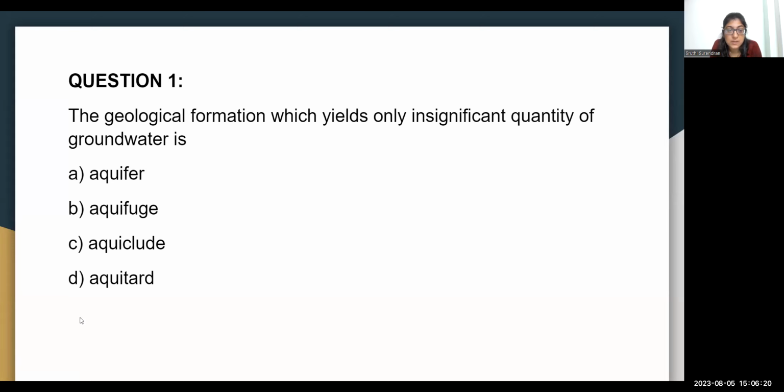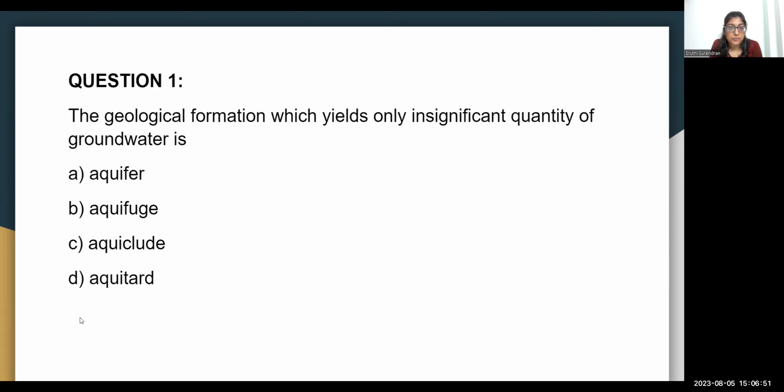So this is the first question. We'll take a minute to read the question and figure out what the answer is, and you can put the answer in the chat box, and then we'll move on to the solution. The question here is, what is the geological formation which is yielding only an insignificant quantity of groundwater?